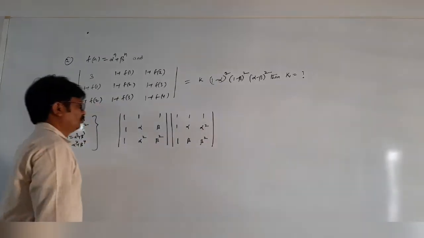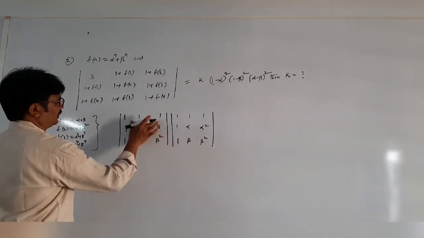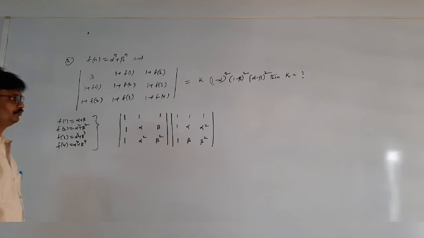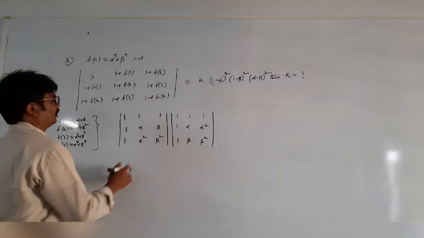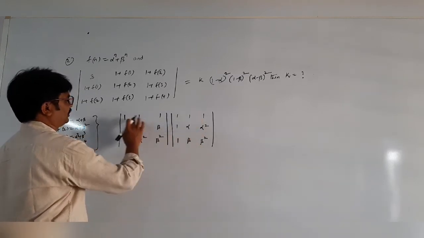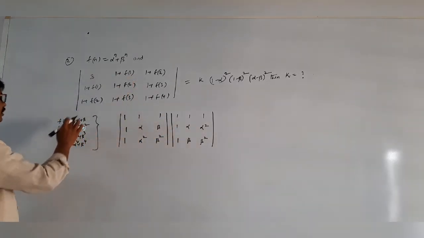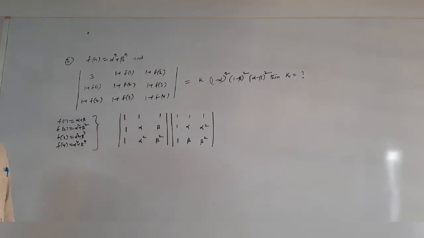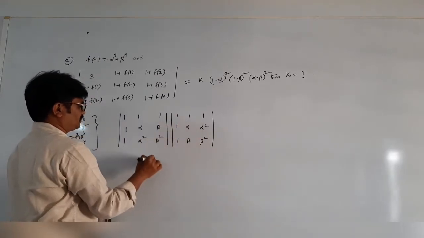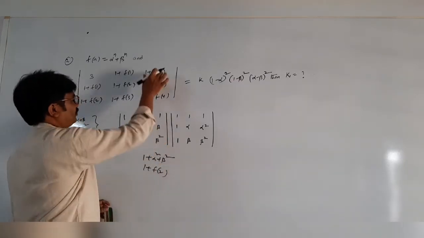Dear students, we observe here the first row multiplied with the first column is nothing but 1 plus 1 plus 1, that is 3. So dear students, now the first row multiplied with the second column is 1 plus alpha plus beta, that is 1 plus f of 1. Now students, the first row multiplied with the third column is 1 plus alpha square plus beta square, that is 1 plus f of 2.